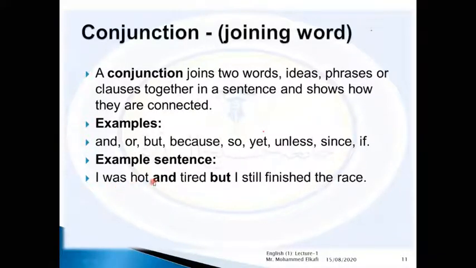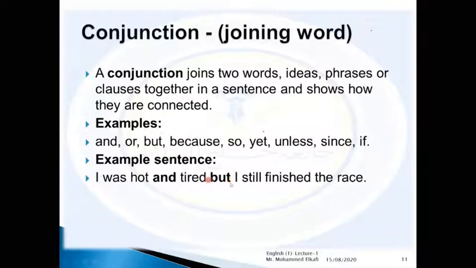"I was hot and tired, but I still finished the race." So hot is an adjective, and tired is also another adjective. Here we connect this word with another adjective with and.